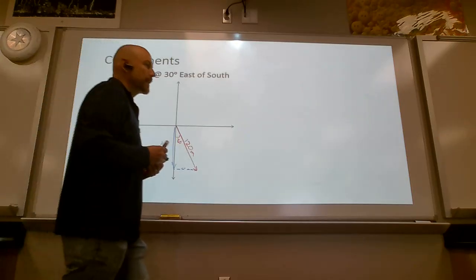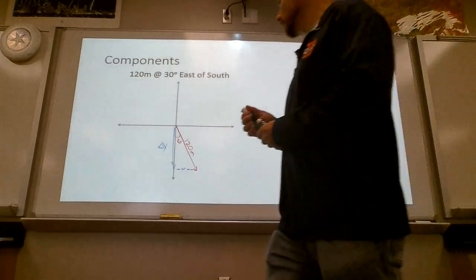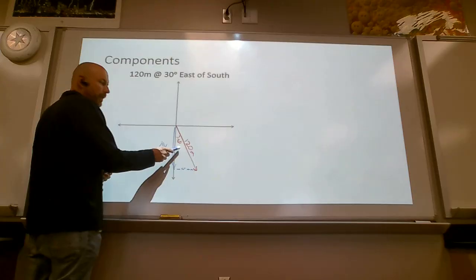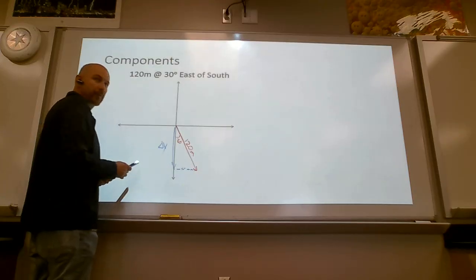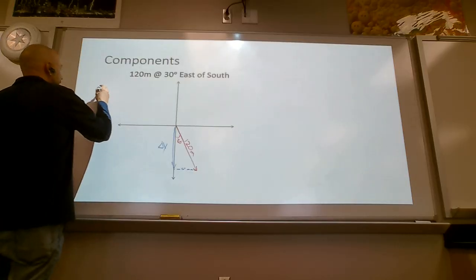Okay? Tell your neighbor which trig function you would use to find delta y, the y component. You're given the hypotenuse and the angle, you're looking for the adjacent, so you're going to use cosine.